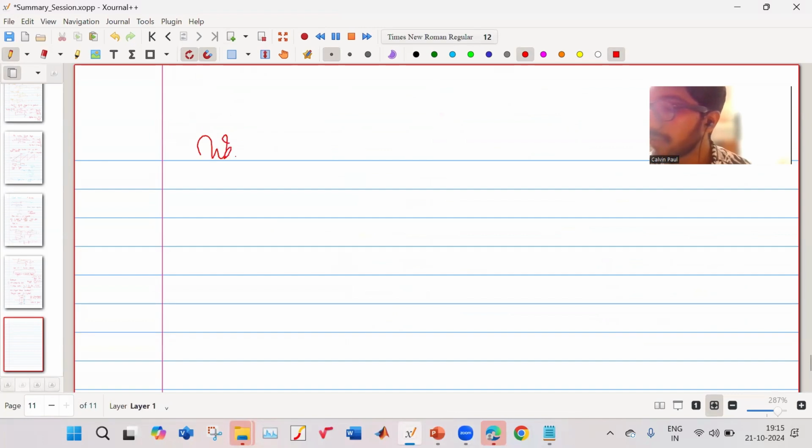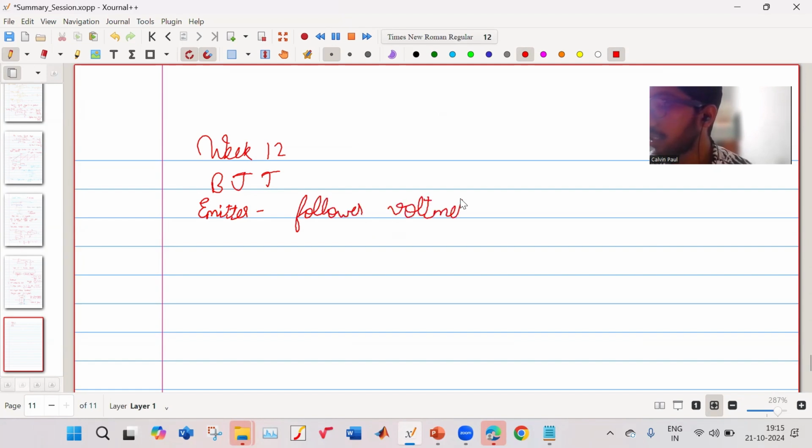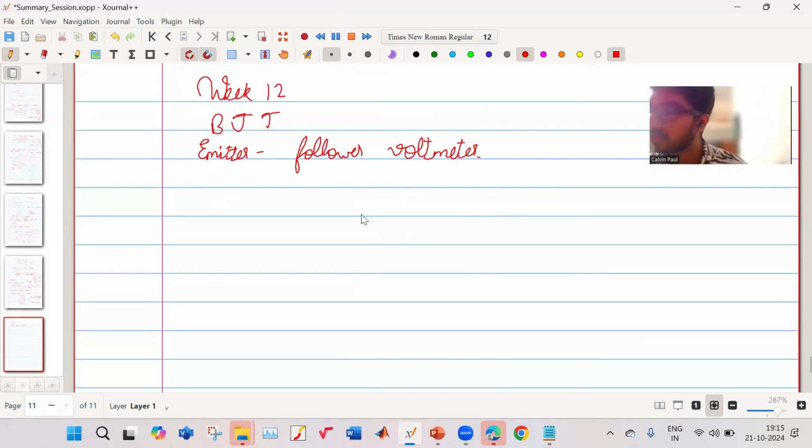Next in week 12, that's regarding the BJT emitter-follower voltmeter.